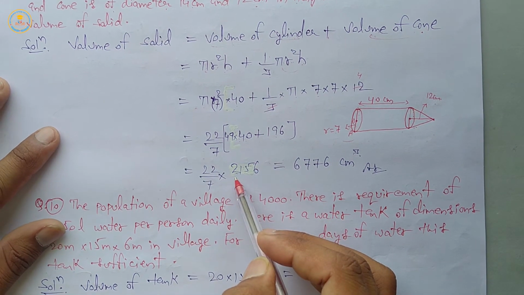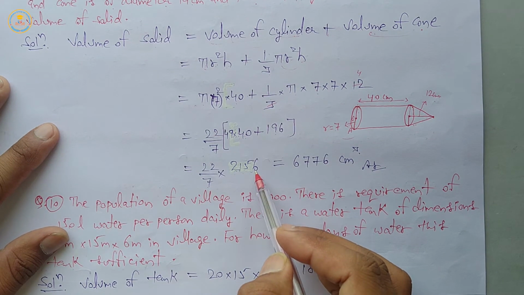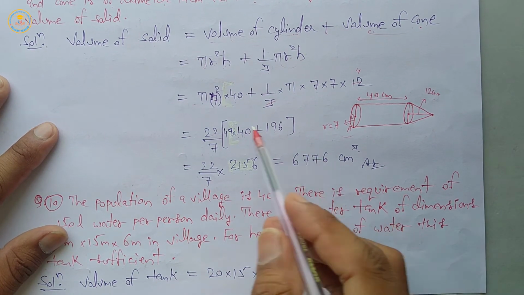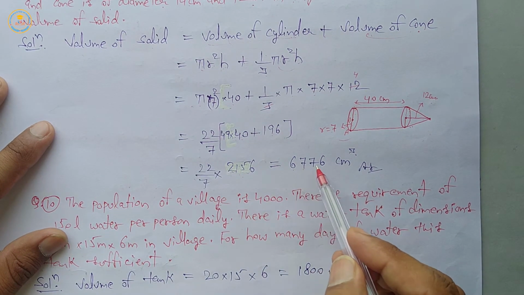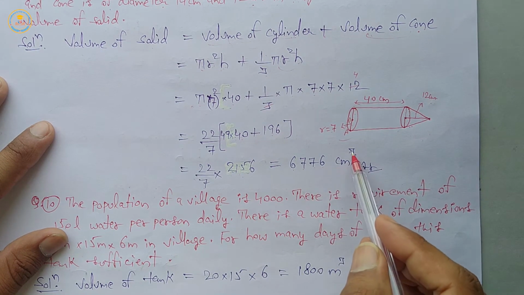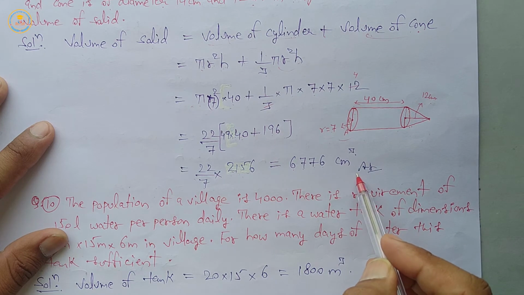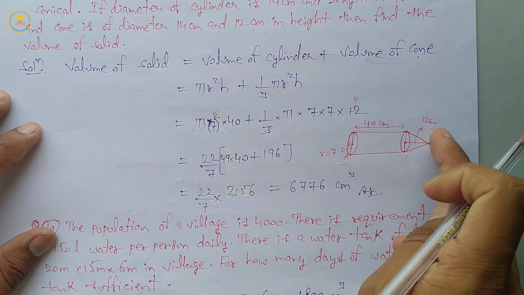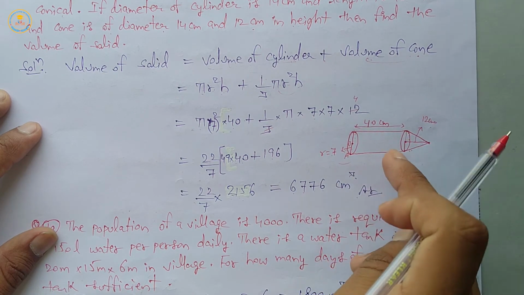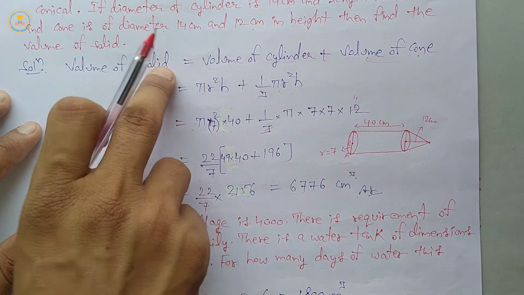We get 2156. Solve out this part, so we get volume of solid is 6776 centimeter cube. That is the answer. Calculate volume of solid: volume of cylinder plus volume of cone added. Now we get volume of solid.